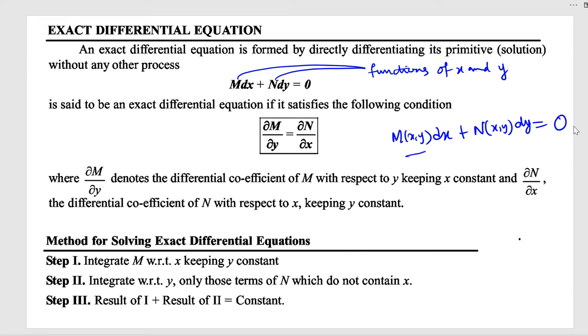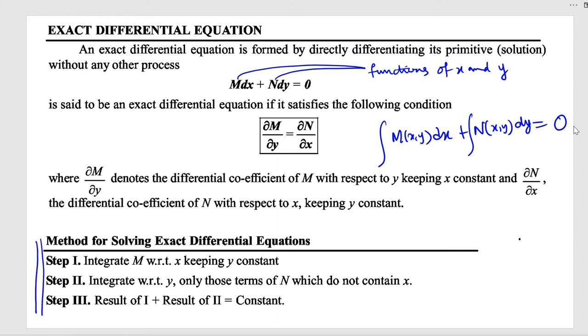If the equation is of this form, then you cannot apply integration directly, because these variables are there, and here also you cannot take that as a constant. When they are actually an exact equation, the working formula is of this form.